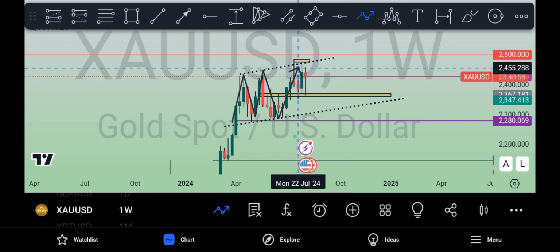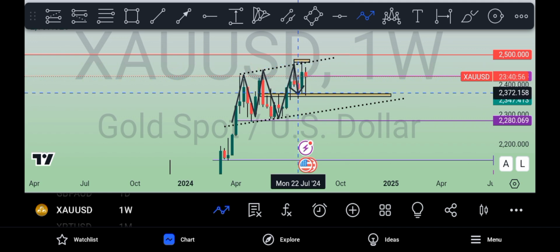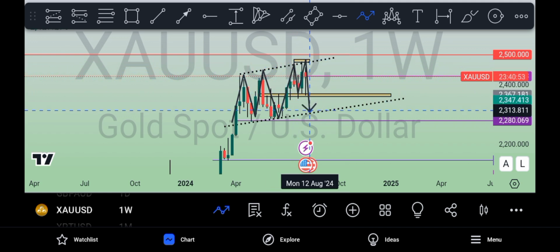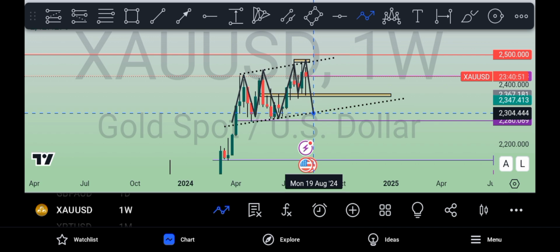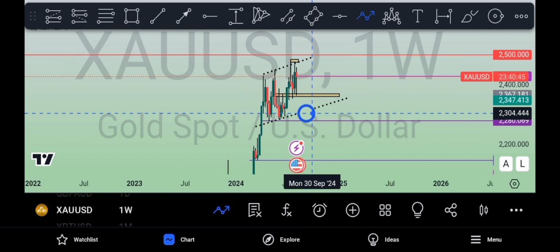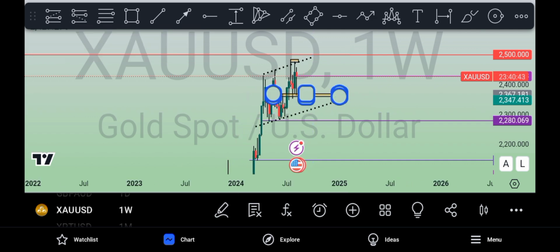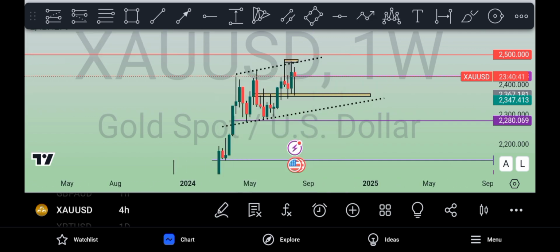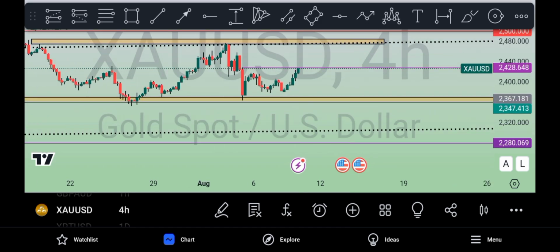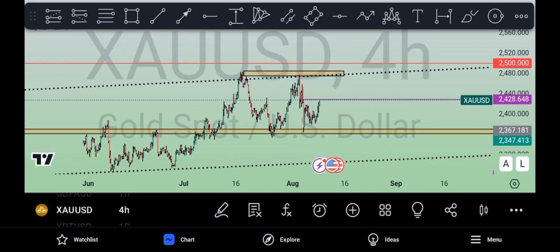So this is just kind of like a range for me. And I'm not interested in taking any trade or setup from this level because this moment we are buying, the next moment we are selling.